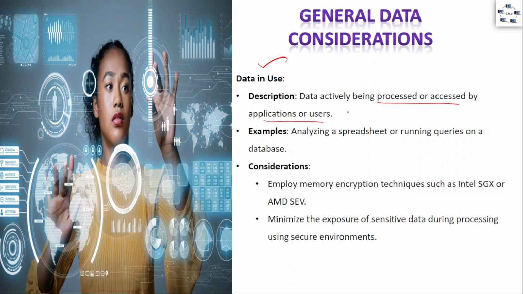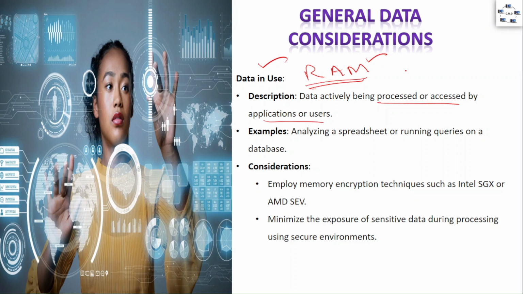For example, you have a Word document open and you are actively writing something inside the Word document, then this type of data is actually data in use. Your Word file is actually being used, you are editing it, and during use the data is inside the memory, or you can say in RAM, because this is the temporary storage that stores data while it is being used.